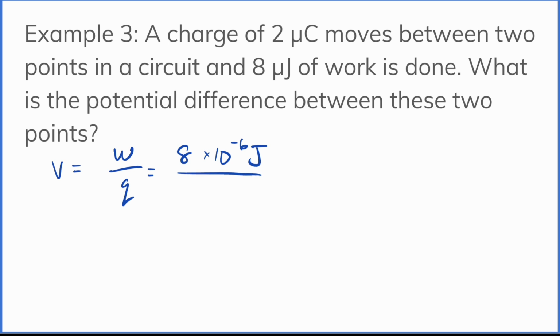And the charge is 2 times 10 to the negative 6 coulombs. That gives us an answer of 4 volts. So the difference in electric potential energy between those two points is 4 volts.